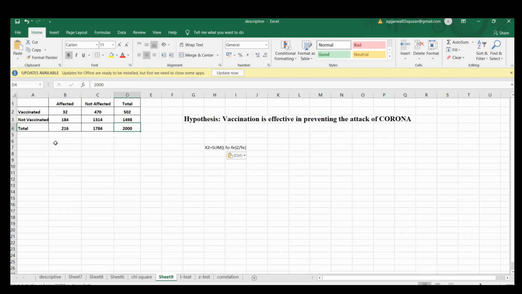Then the formula is started with equal, total of row into total of column divided by total of grand total.